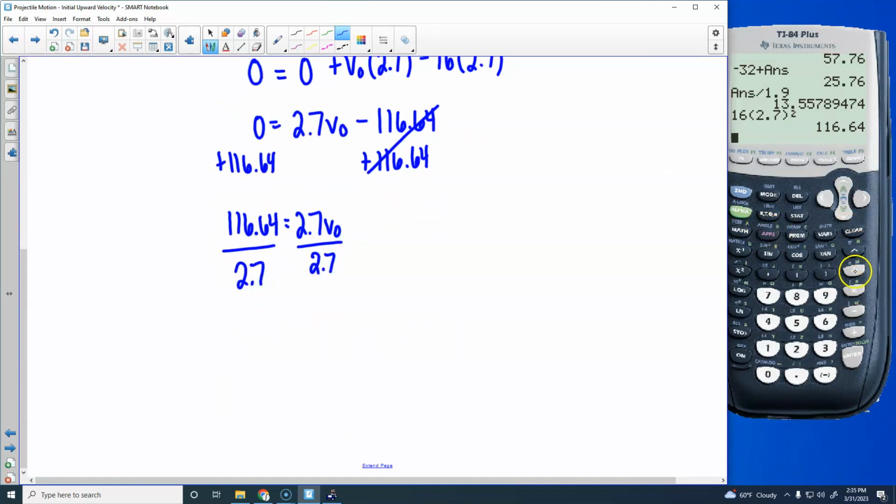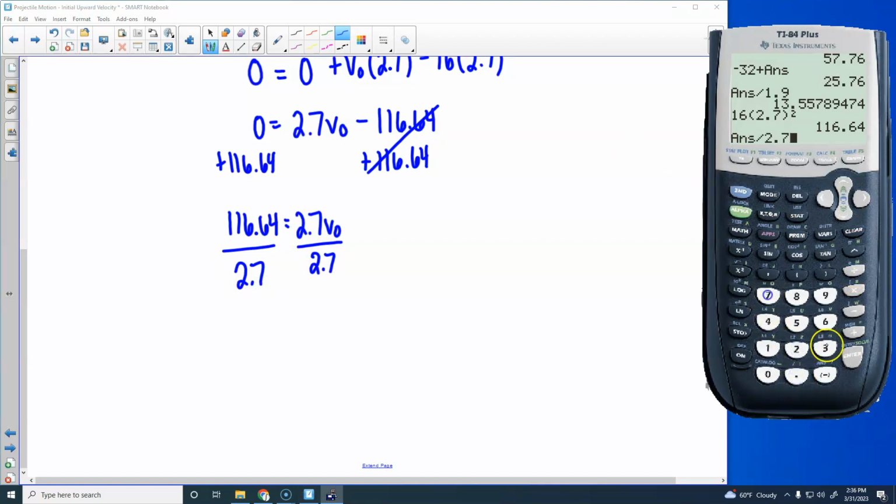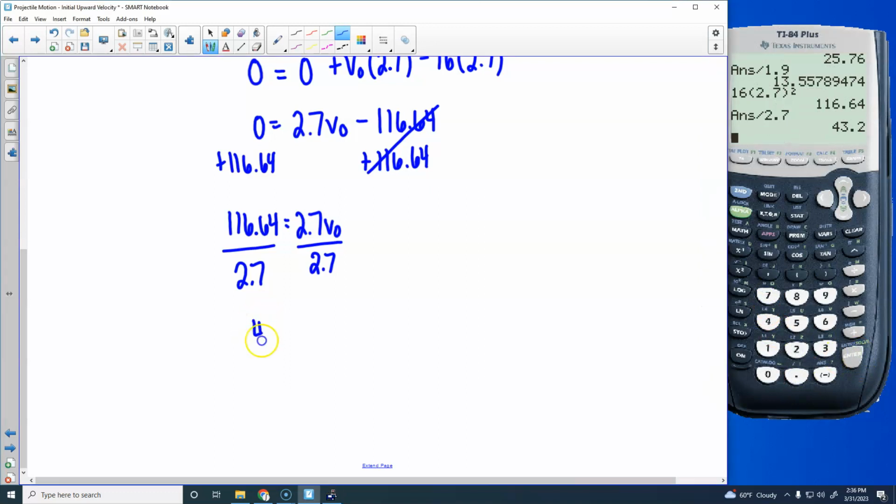And so if we divide that by 2.7, we will get 43.2. So 43.2 feet per second is our v sub 0 there. Okay, questions?